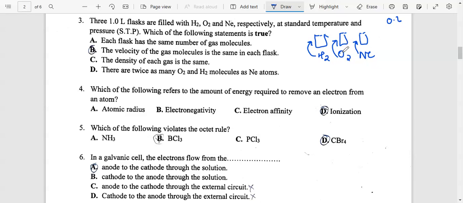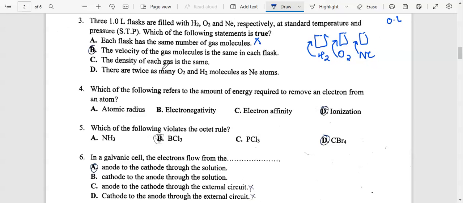But if you consider number of moles given by mass over molar mass, each of these are different substances with different molar masses, so their number of moles are going to be different. If they've got different number of moles, each flask has a different number of gas molecules. 1 mole is equal to 6.0 times 10 to the power 23 molecules. Since they've got different moles, they're going to have different molecules. So this one cannot be true.